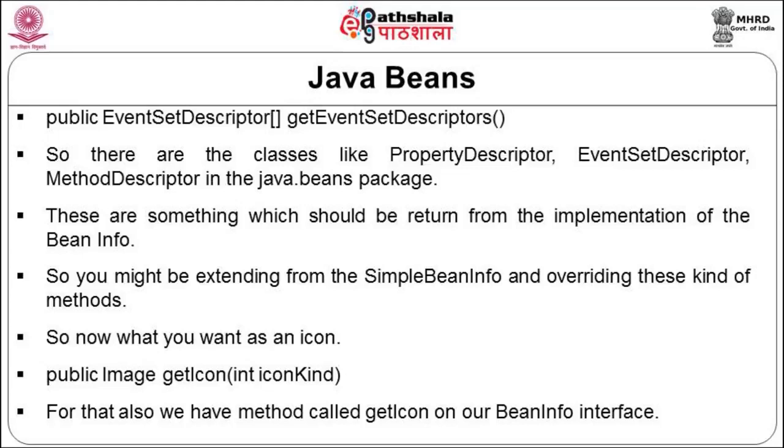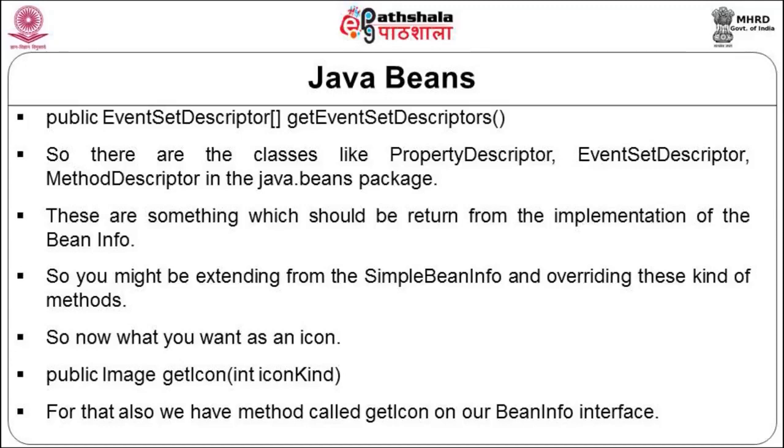I was also mentioning the icon. For that we have a method called getIcon on our bean info interface. It should return an image, and whatever image is returned becomes the icon for our simple bean.